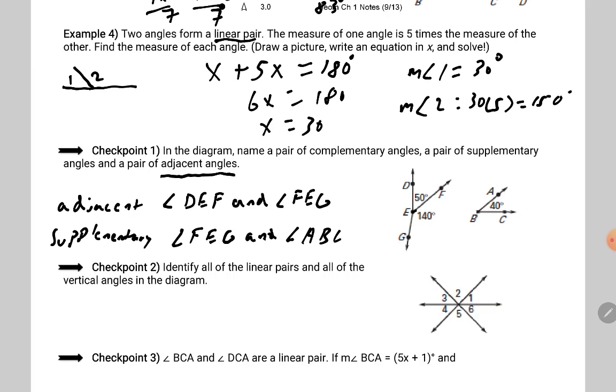And then lastly, complementary, those add up to 90. So that would be angles DEF and ABC, because they add up to 90 degrees.